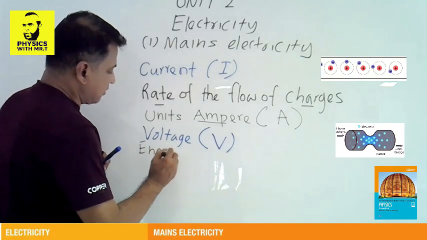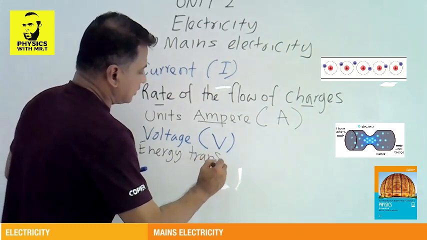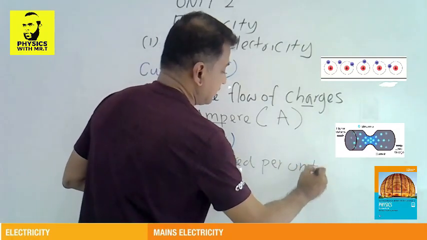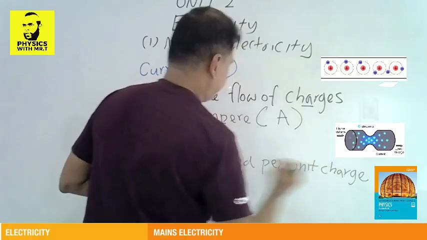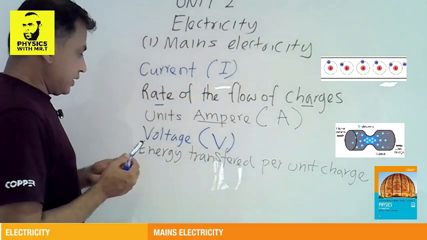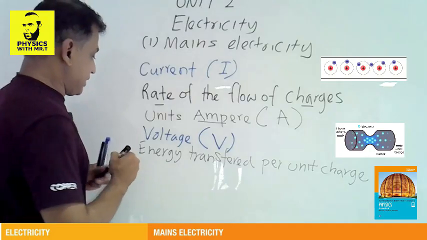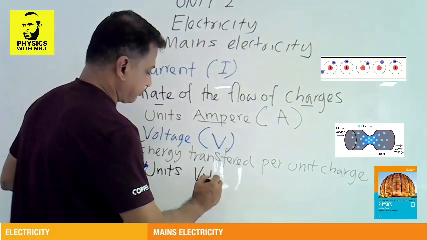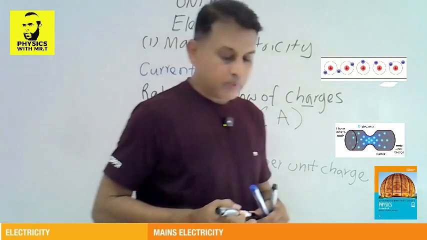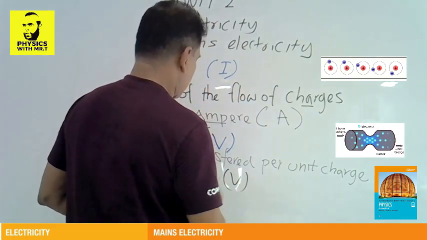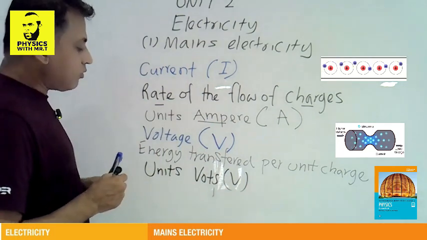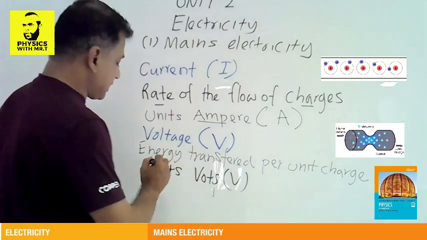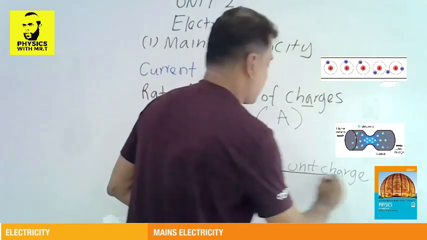Energy transferred per unit charge. The unit we measure it in is the volt, capital V. Now it's the energy transferred per unit charge.